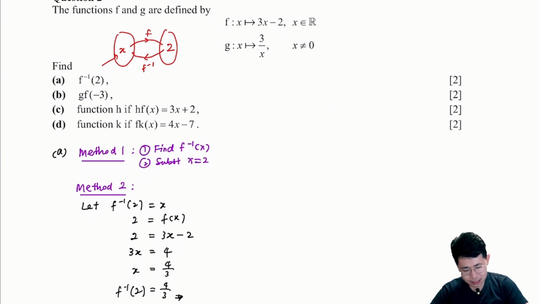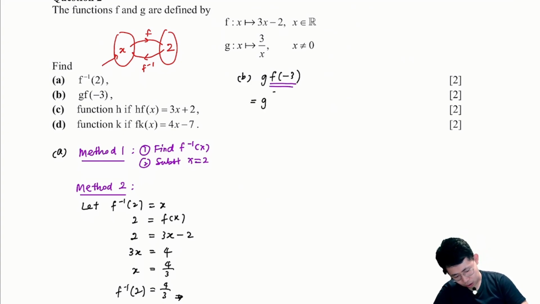Let's take a look at part B. We are looking for gf of negative 3. The first thing we need to do is evaluate f of negative 3. So this will be equal to g of 3 times negative 3 minus 2.